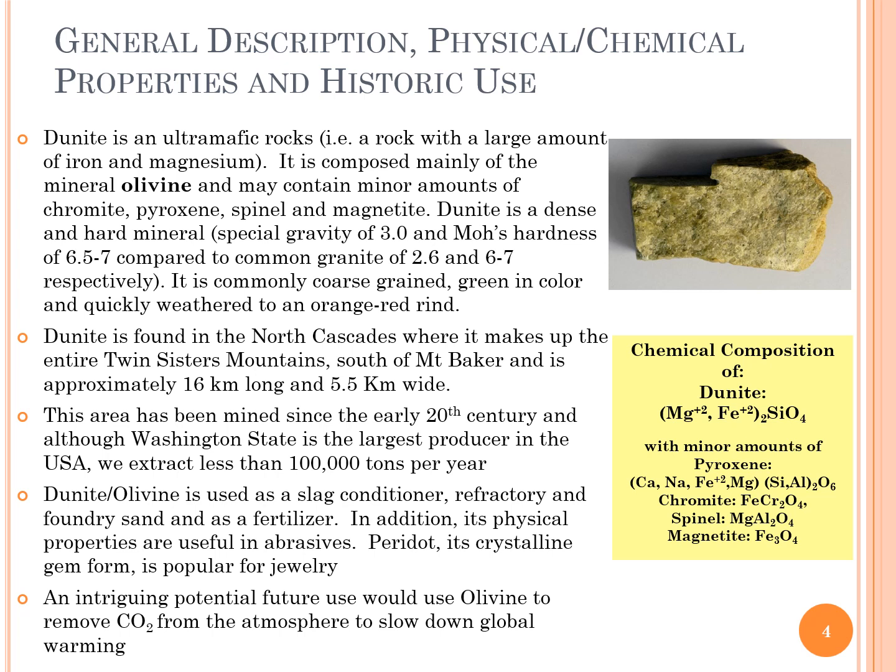You can see that there's the magnesium and iron tied in with silicon oxide, which gives it that bonding element, with minor amounts of some of the other minerals we mentioned below, pyroxene, chromite, spinel, magnetite. But again, it's almost entirely made of the mineral olivine, which is the primary magnesium iron formula we see above.